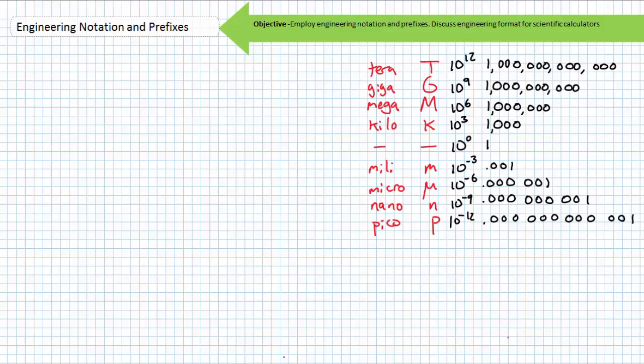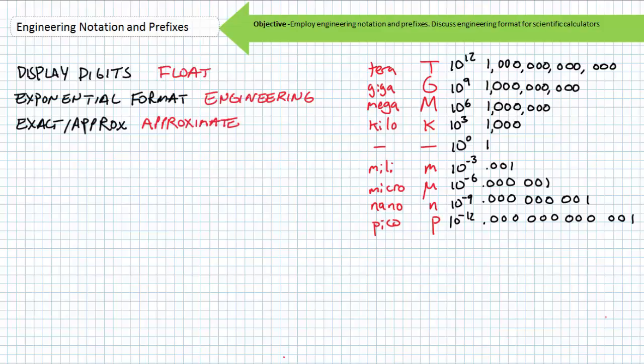These powers of 10 are written in shorthand as kilo, little k, mega, big M, giga, big G, tera, big T, and on the other side of the decimal point, milli, little m, micro, mu with a tail, nano, little n, and pico, little p. Employ engineering prefixes in preference to powers of 10. Do not mix the forms.